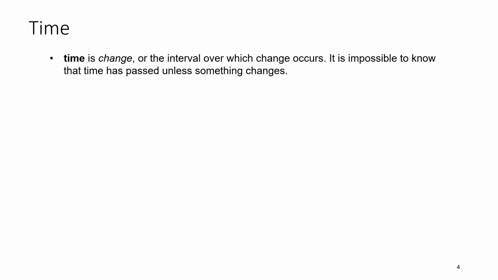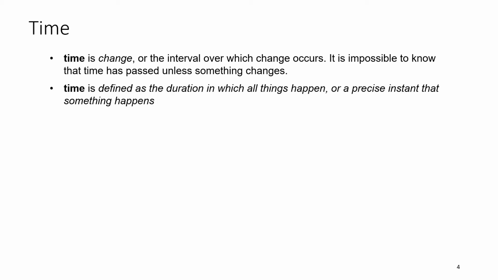In the textbook it says, time is change, or the interval over which change occurs. It is impossible to know that time has passed unless something changes. I have found another definition online which might be a little easier to understand.